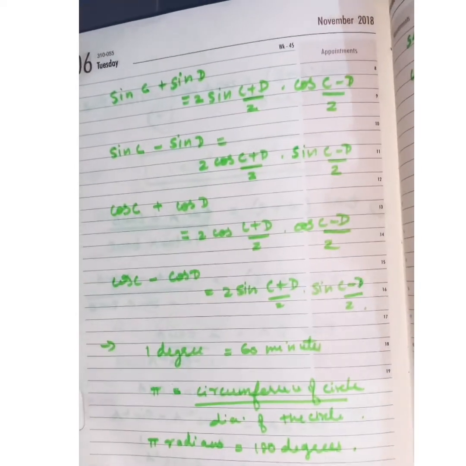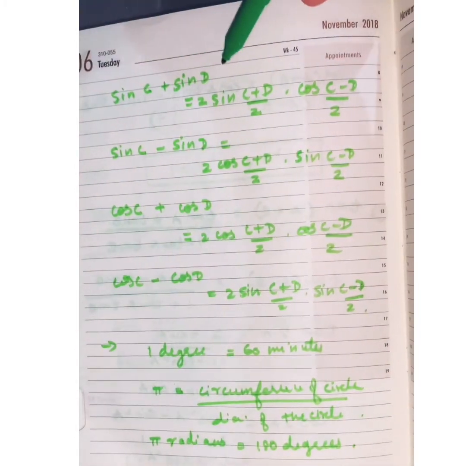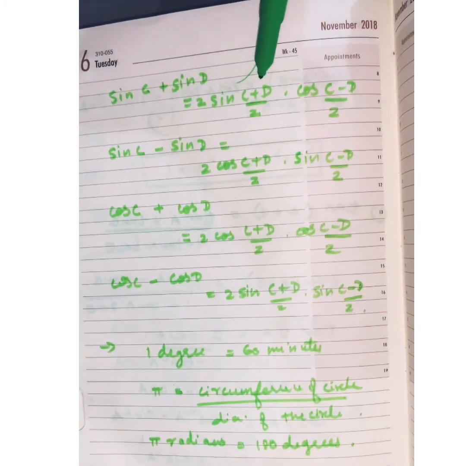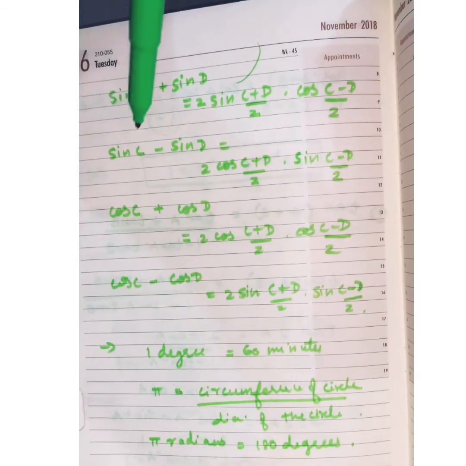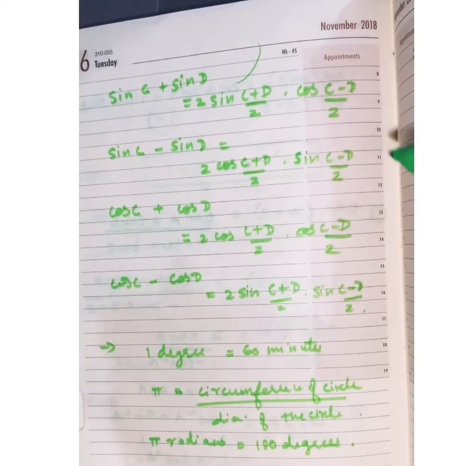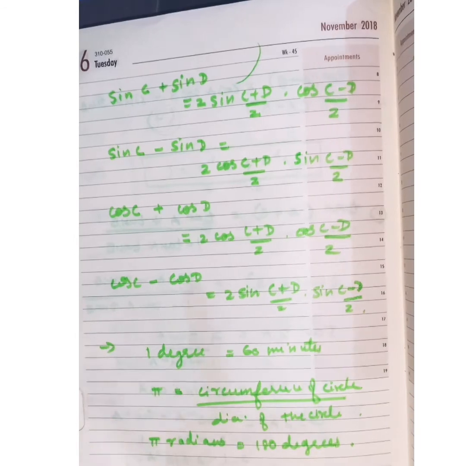The next formula is sin C plus sin D. When you're given this type of question, you can simplify by using this formula: 2 sin C plus D by 2 into cos C minus D by 2. Sin C minus sin D is 2 into cos C plus D by 2 into sin C minus D by 2.